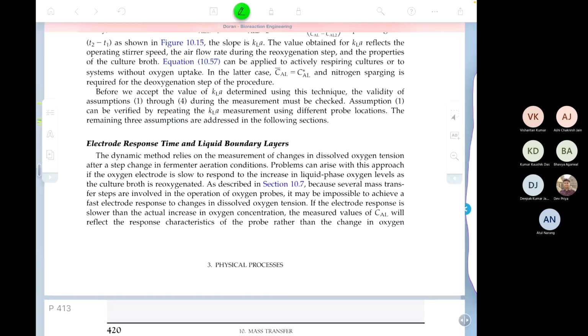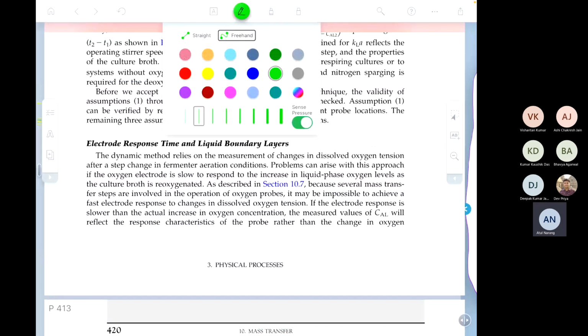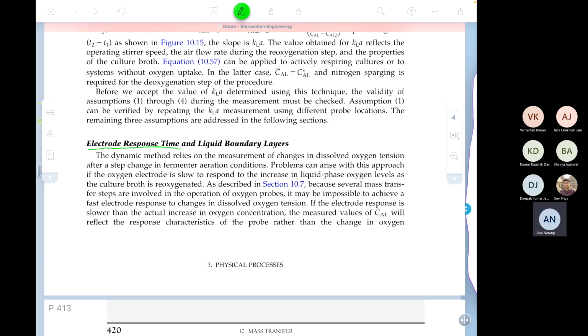Now, the next part that I discussed was the problems with these two dynamic methods, and here she's discussing electrode response time. Now she will talk about the problems you face because the probe does not give you an instantaneous response, right?